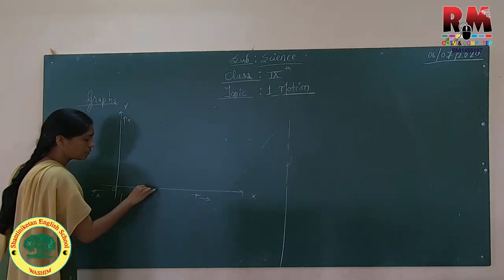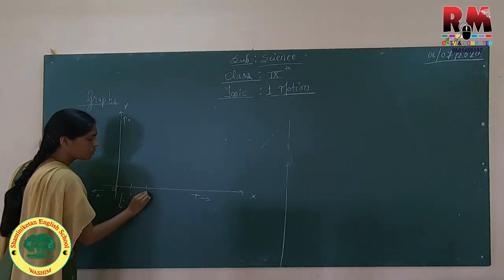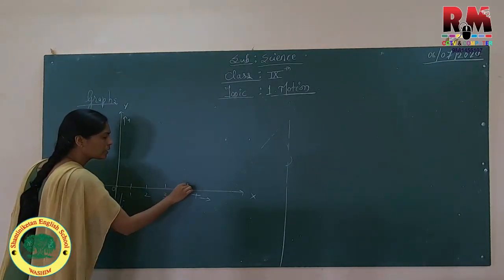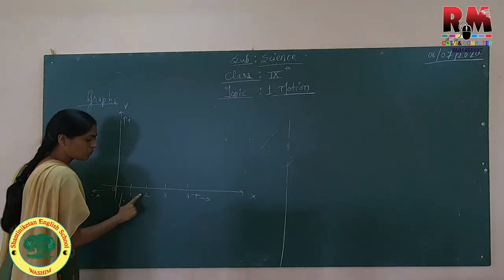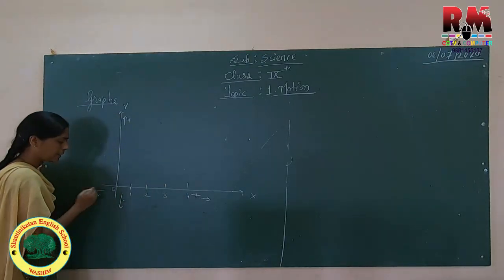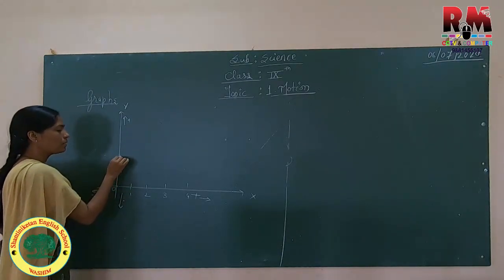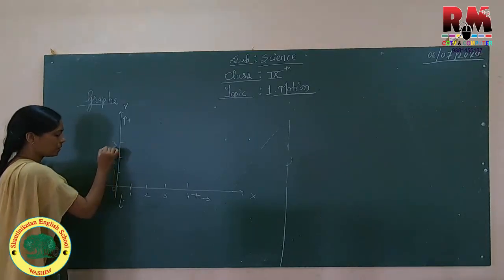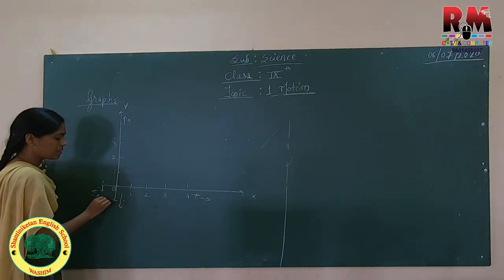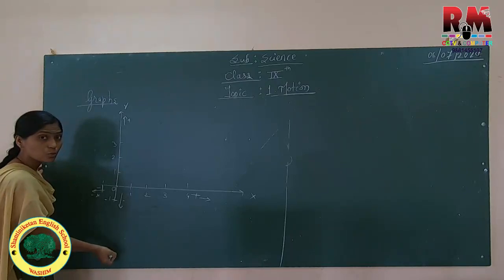Suppose here 1, 2, 3, 4. So it is plus 1, plus 2, plus 3, plus 4, and in the downward direction it is minus 1, and so on.